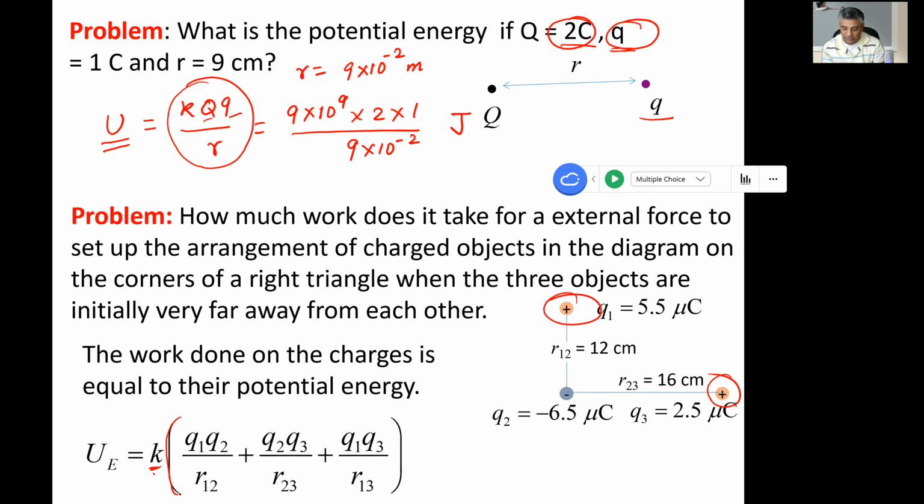And now Q1, Q2 means I'm calculating potential energy between these two first. And the distance between charge number 1 and charge number 2 is r12, just a notation, right? And similarly, between Q2 and Q3, that comes from this.